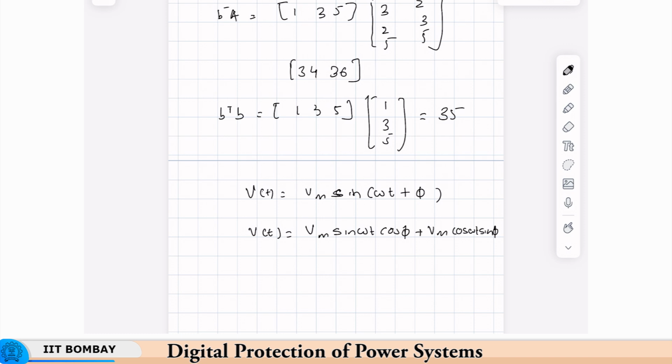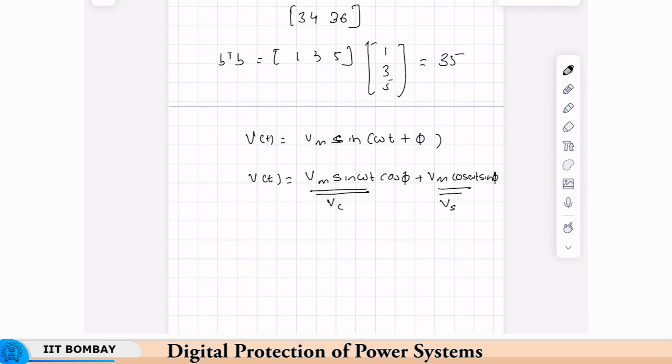Now let us call the term associated with cos phi as Vc, and this let us call it as Vs. Okay. So, what do we have? We have Vt is equal to Vc, I am sorry, it is the other way around.